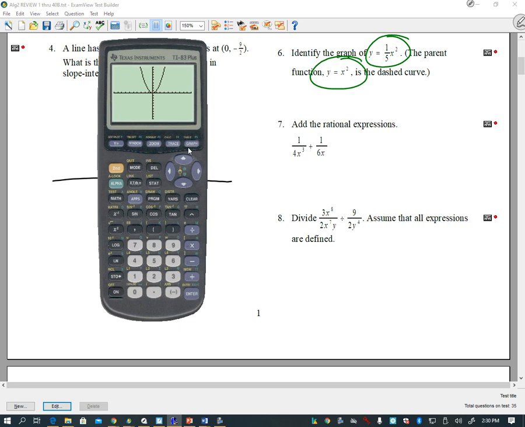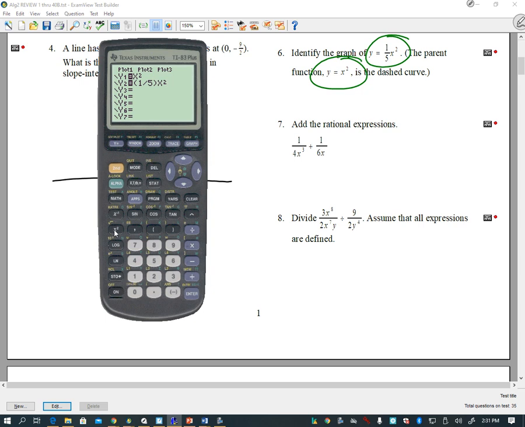Does that make sense? So when we look at the other equation, it's 1 divided by 5x squared. I can tell you based upon looking at it that the vertex, where that trough is, that coordinate, is going to stay at 0, 0. And 1/5, that's positive. So is it going to open up or down? It's going to open up because the a is positive.